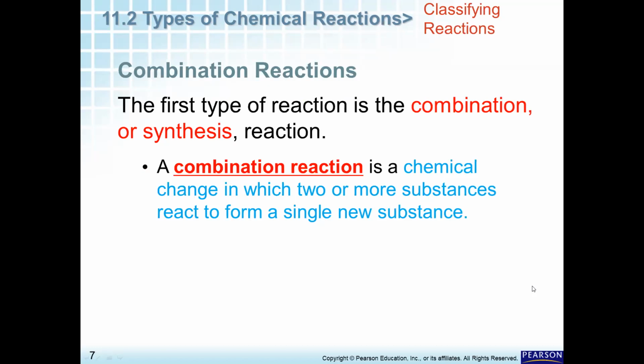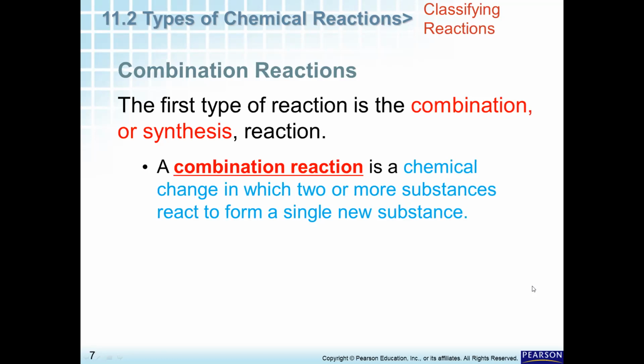So take a look at the definition. It is definitely a chemical reaction between 2 or more substances. It has to be 2 or more, otherwise you cannot combine something with nothing, right? Those substances could be an element or a compound, because substances are classified as either an element or a compound, as long as it is pure and of uniform composition.